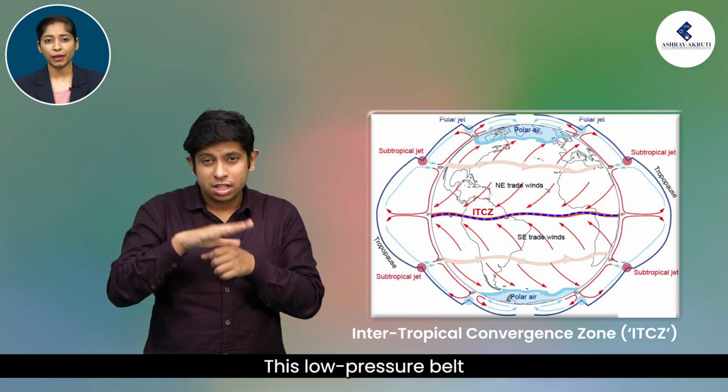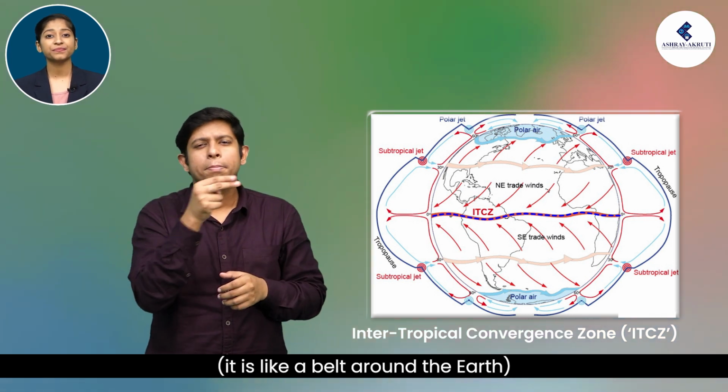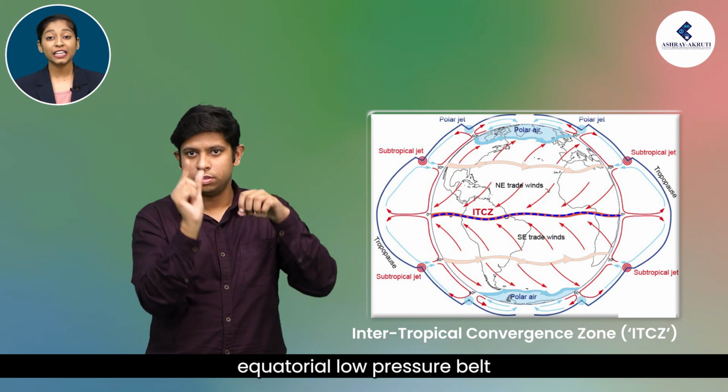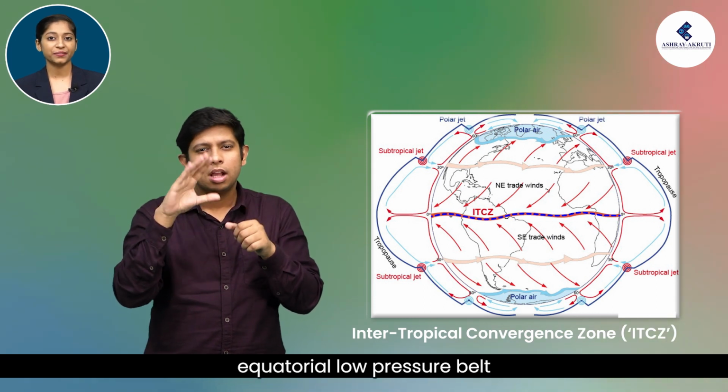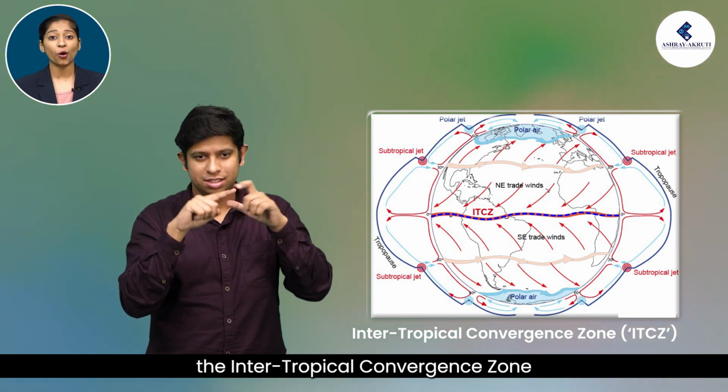This low pressure belt is like a belt around the Earth. It is called an equatorial low pressure belt or the intertropical convergence zone.